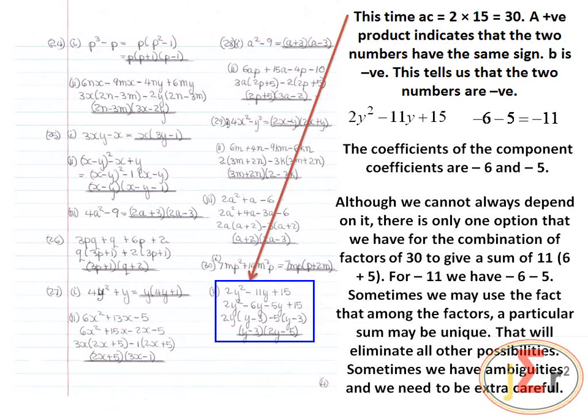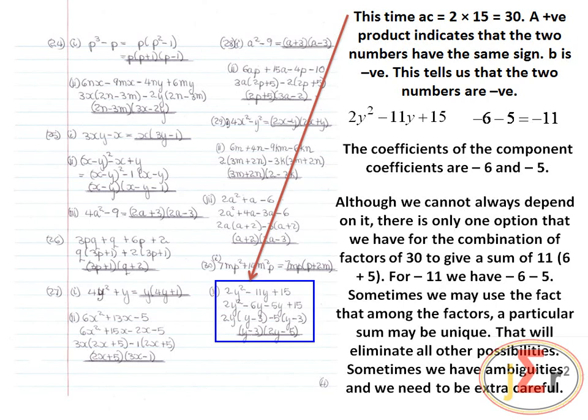Of course we are adding the negatives of them. So the only combination of factors of 30 taken two at a time that will give a sum of 11 is 6 and 5. That eliminates everything else.